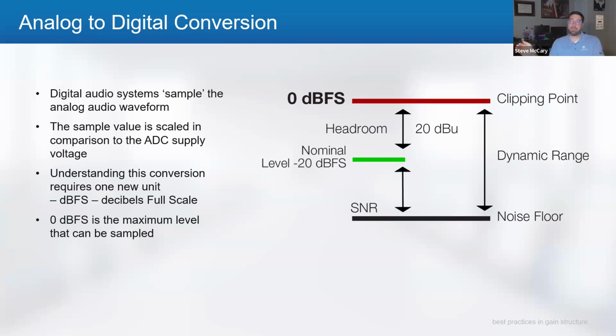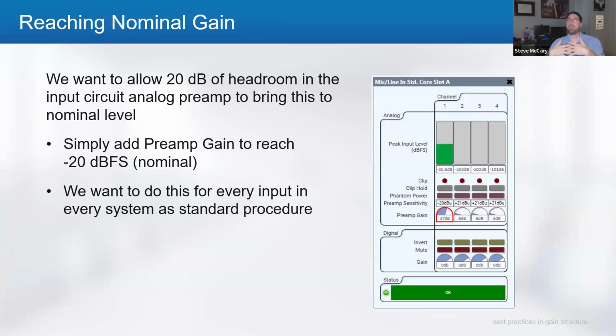Well, once we switch into DBFS, now we have 0 DBFS as our clipping point, and -20 DBFS becomes our nominal level. So when you are looking at your input block in the DSP, as is done with some of the other DSPs on the market, you are not looking for 0. What you are looking for is -20.